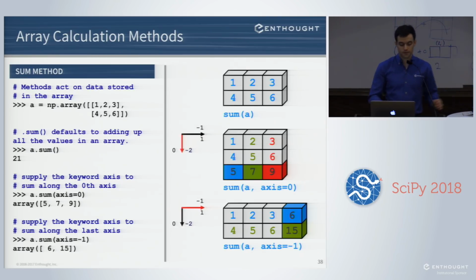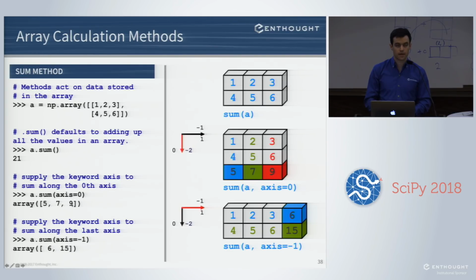All right, so first example, I'm calling sum on my array A, and by default it takes all the data and collapses it into a single value, unless I specify one of these keywords called axis. And axis is the dimension that will be collapsed.